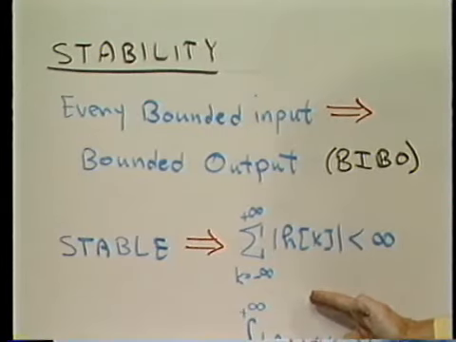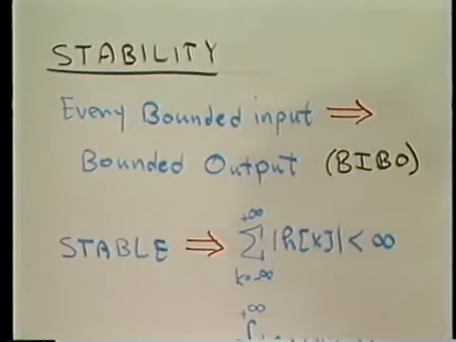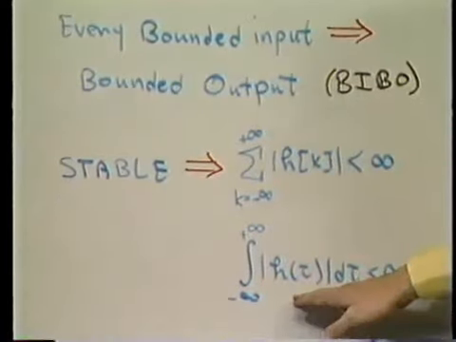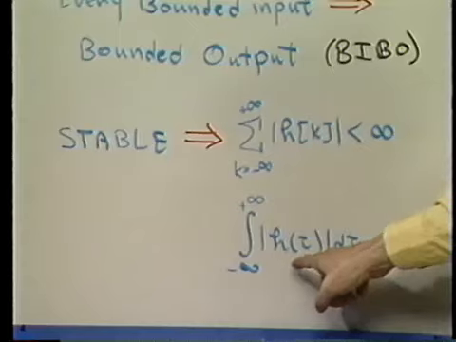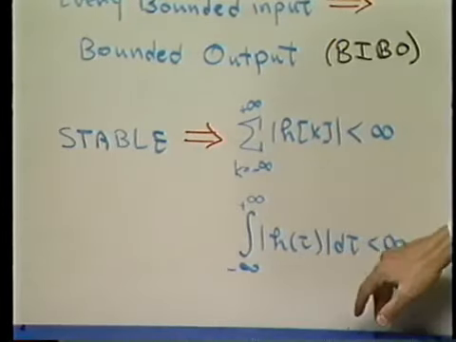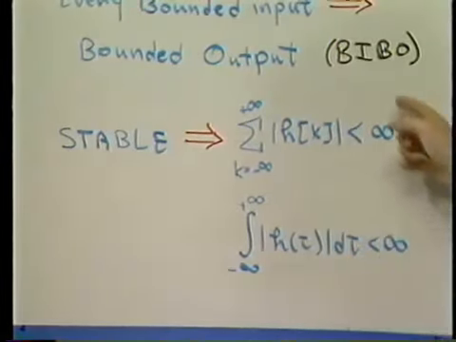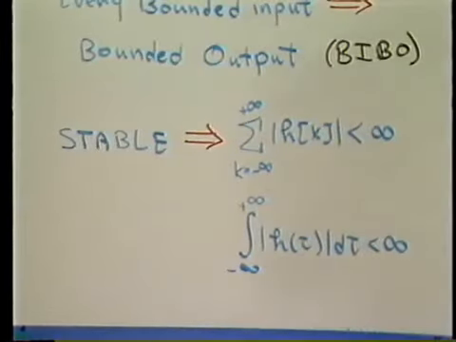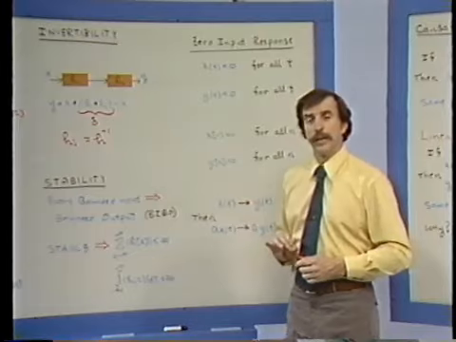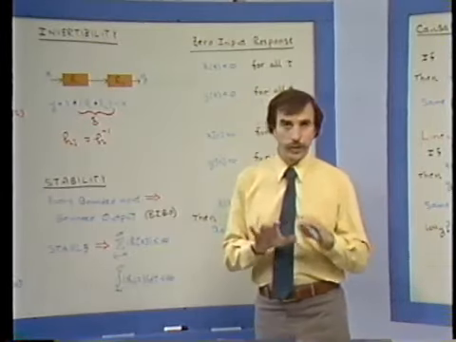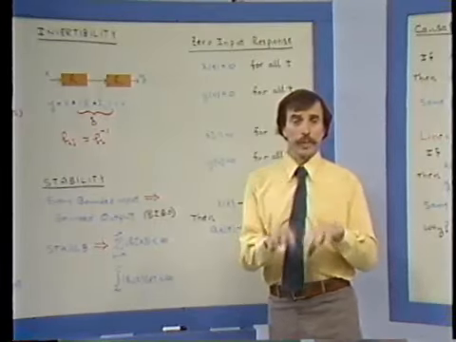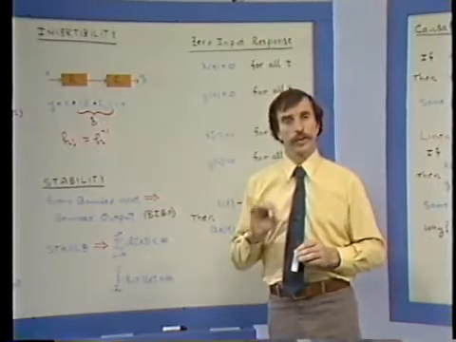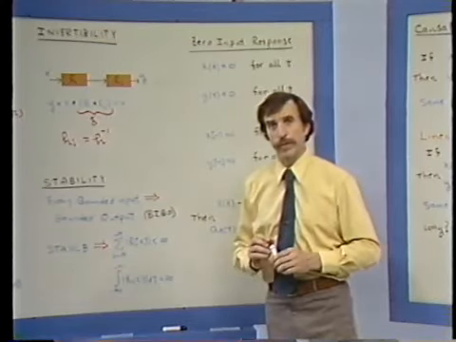Or in the continuous time case, that the impulse response is absolutely integrable. In other words, if you take the absolute value of h of t and integrate, that's finite. Under those conditions, the system is stable. If those conditions are violated, then for sure, as you'll see in the text, the system is unstable. So stability can also be tied to the system impulse response.